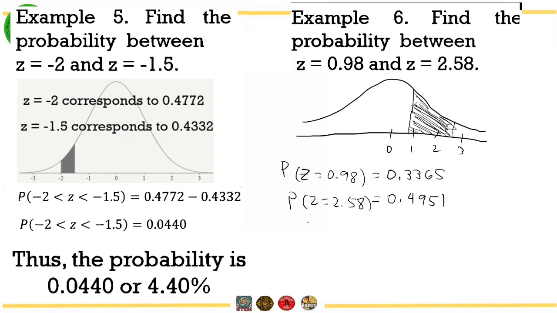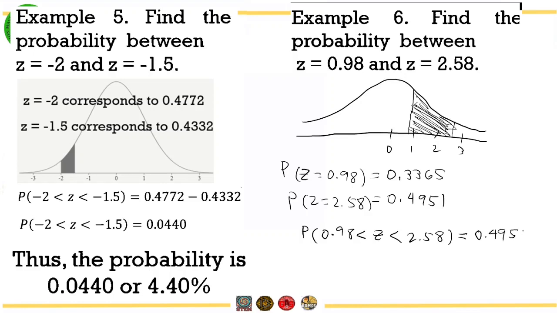While if the two z values have different signs, one is negative and the other z value is positive, then the two areas that correspond to those z values will be added. So that is the pattern that we see in these problems about the probability between. So the correct notation is 0.98 is less than z is less than 2.58.